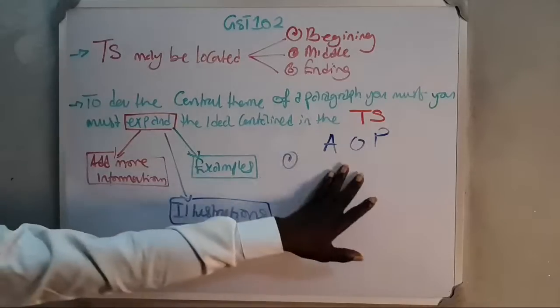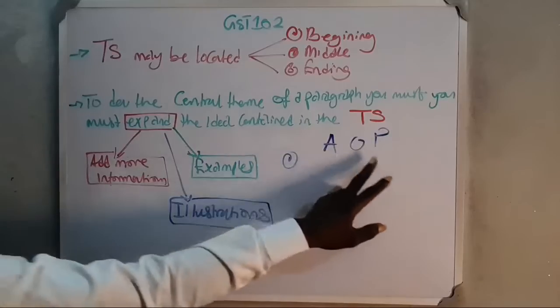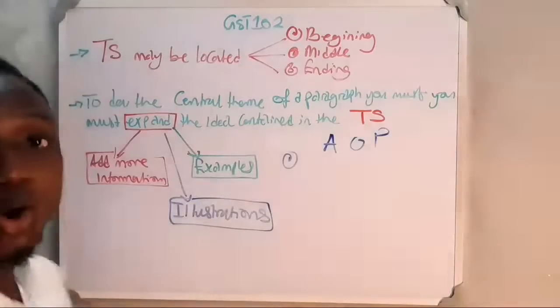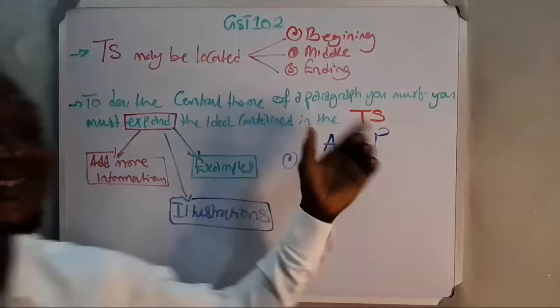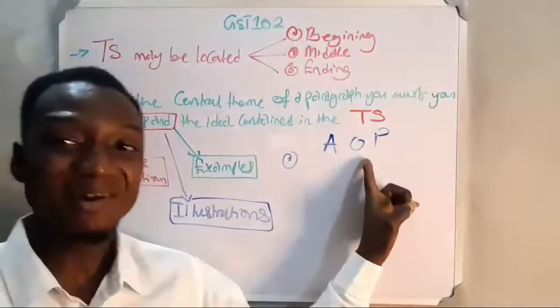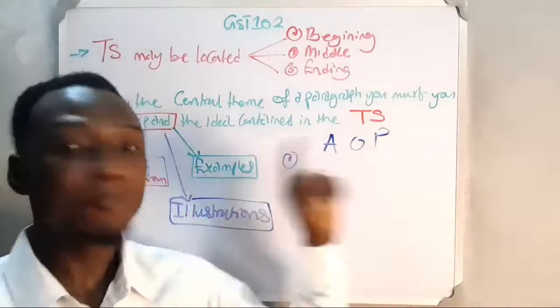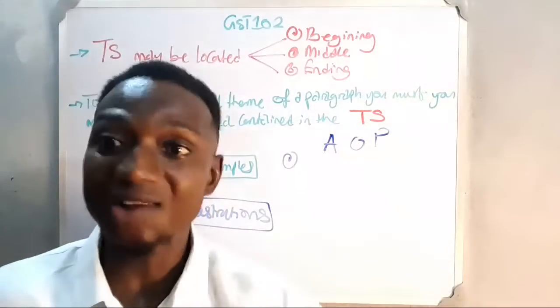Now, analyzing a paragraph, don't forget that there will be no topic sentence if there is no paragraph. Topic sentence is dependent on the paragraph, meaning that there will be no topic sentence without a paragraph.